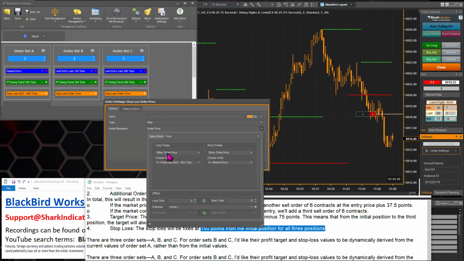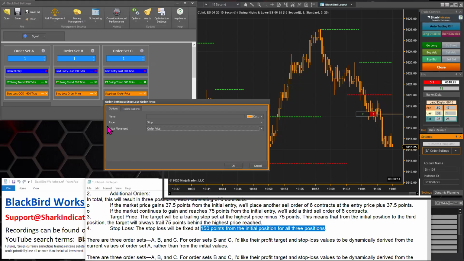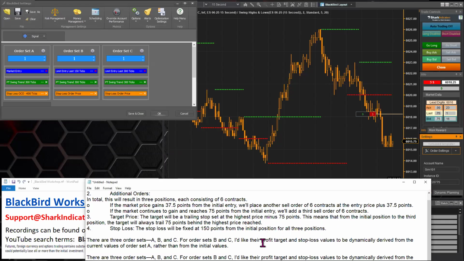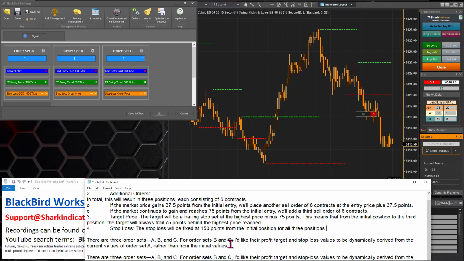Set to other order price, and it's utilizing the stop loss for A. And no offset. So now all the stop losses will match each other. Okay, so there we go. And let me double check some more here, see if I might have missed something else.